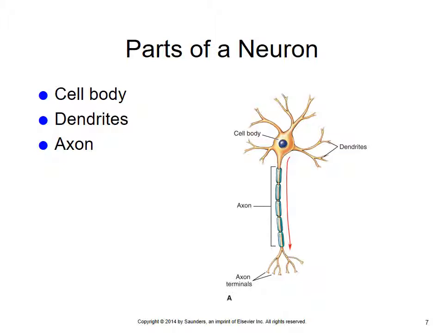The long structure we see there is referred to as the axon, and then the structures that branch off of the axon are called axon terminals. The electrical signal travels from the cell body down toward the axon terminal, as this arrow illustrates here.